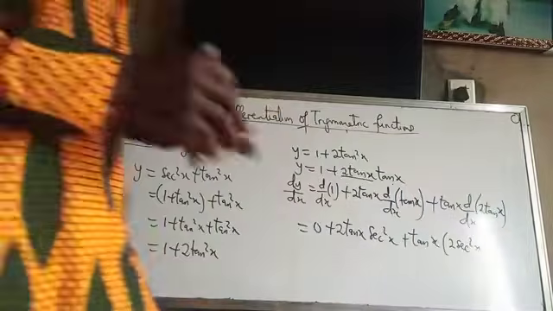Then plus tan x, which is outside. Then if you differentiate 2 tan x, it's going to be 2 sec square x. Yes, because this is a constant. Just like you are differentiating the 2 separately, first put 2 outside, differentiate tan x, differentiate 2.